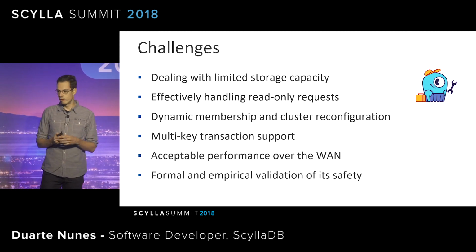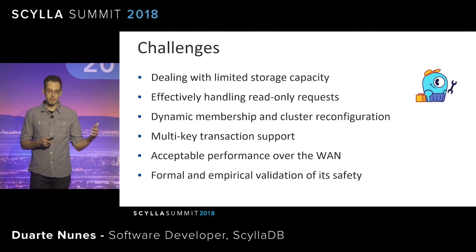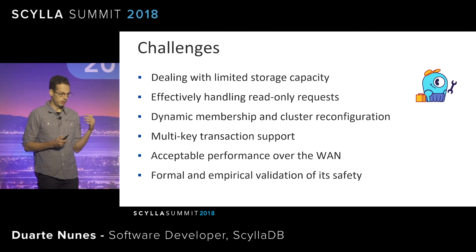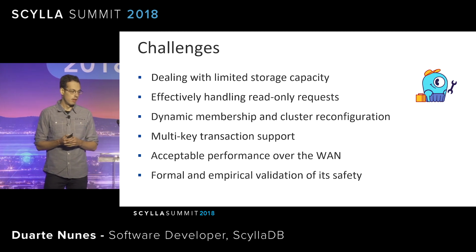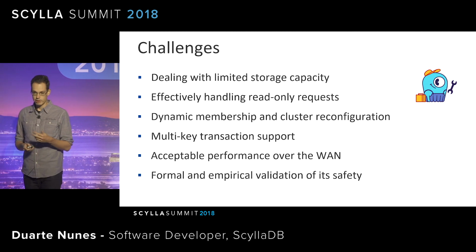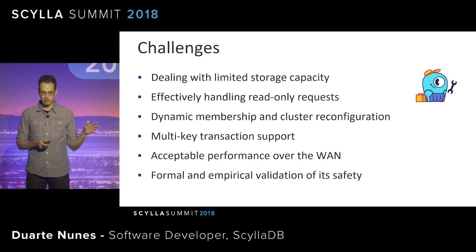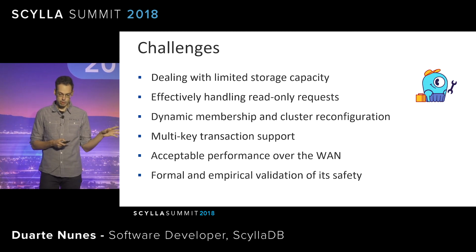Read-only requests usually require a full round of the consensus protocol, where the function we are trying to apply is the identity function. But some consensus protocols have optimizations that make read-only requests much more efficient. Dynamic membership and cluster reconfiguration is an issue as well, so protocols must support that. We would also like to have multi-key transactions, so some protocols can help here.